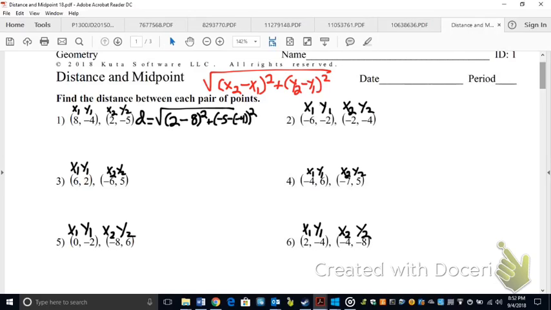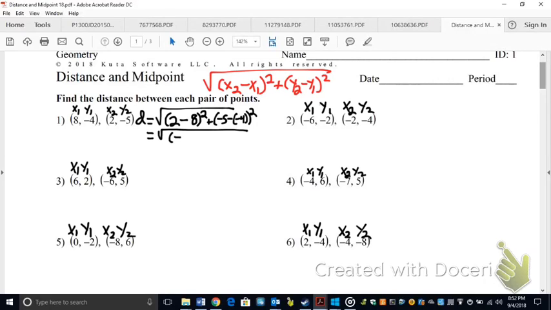Notice that negative 4 is going to turn into a plus 4. Because the formula already has a minus in it, when I enter a point that has a negative coordinate, whether it's x or y, it's going to flip that to a positive.